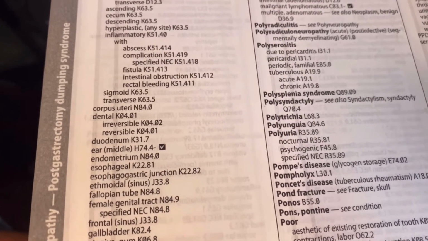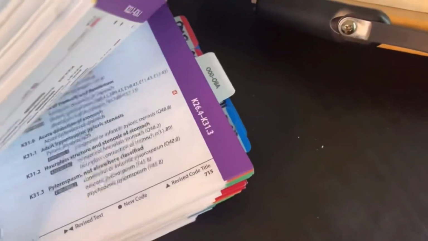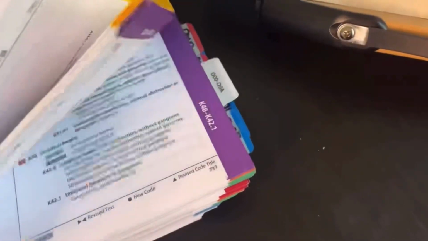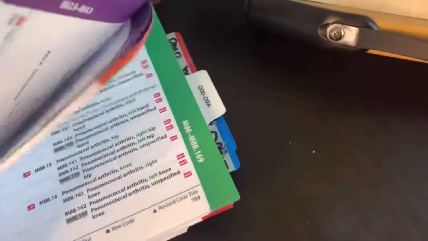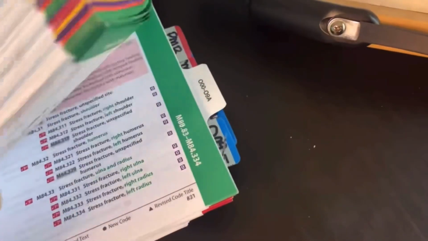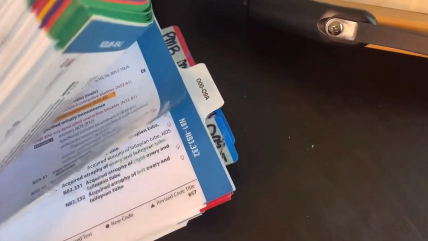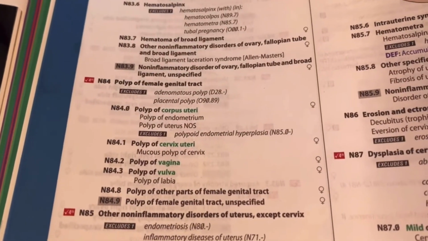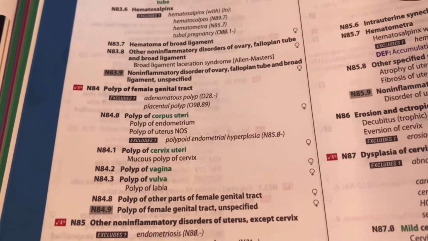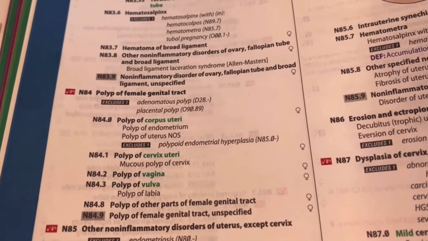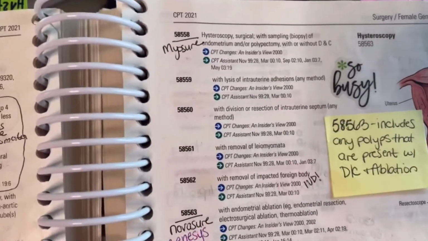And then what you will do from here is confirm it in the N section of your ICD-10 book. So go to that chapter, which is right after N84. Okay. N84.0, polyp of corpus uteri, polyp of endometrium, polyp of uterus, not otherwise specified. So that's going to be my diagnosis, and then that is my CPT code.